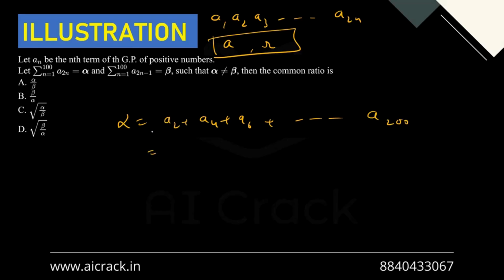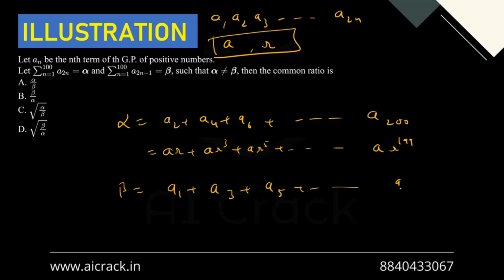Now, if we want to write this in terms of A and R, what will we get? A2 is AR, A4 is AR cube, A6 is AR to the power 5, till AR to the power 199. Now beta would be A1 plus A3 plus A5 till A199.